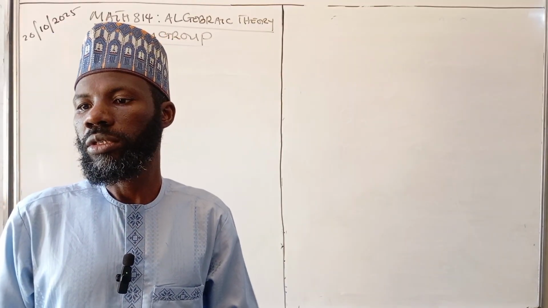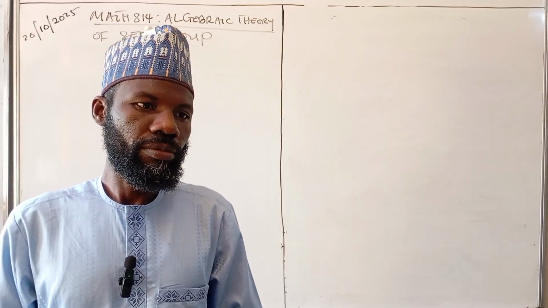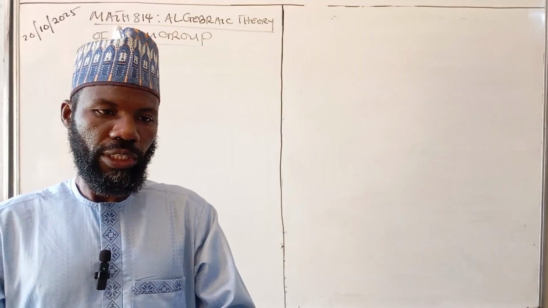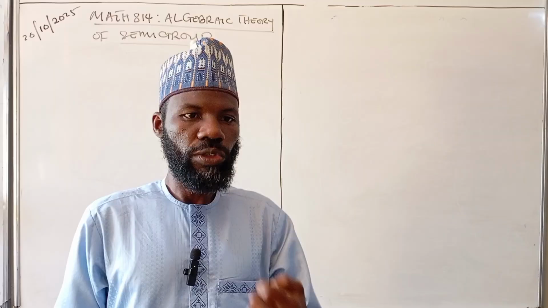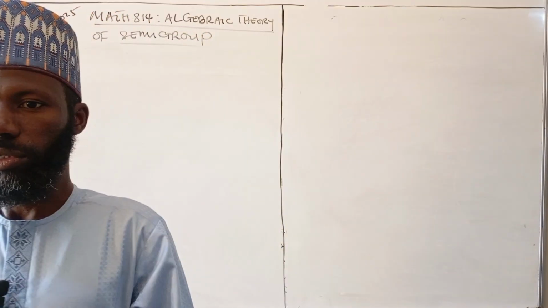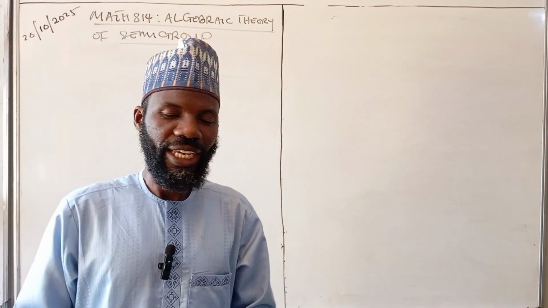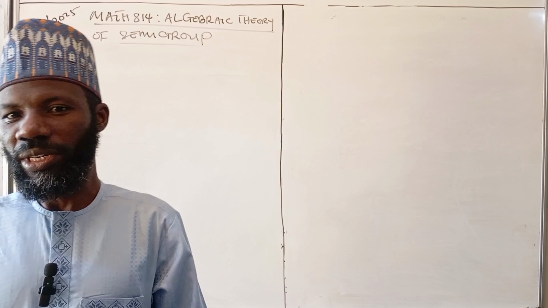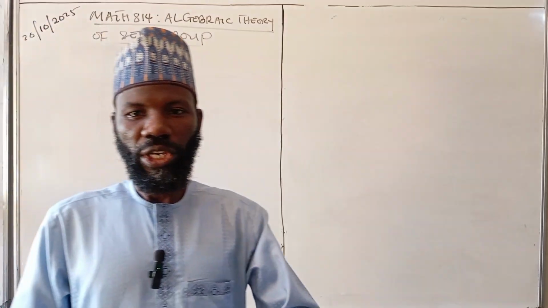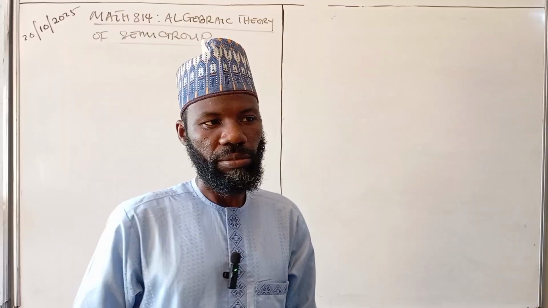It's a zero group because zero is there, but when you remove the zero, you get a group, but originally it was not a group because of the existence of the zero element.